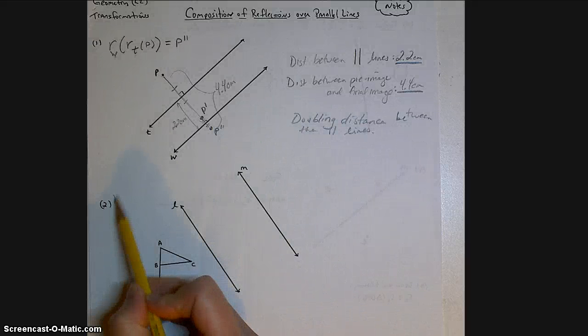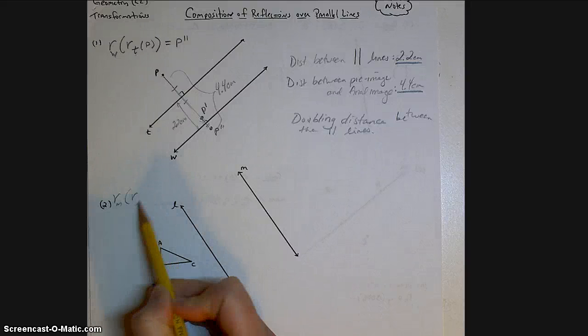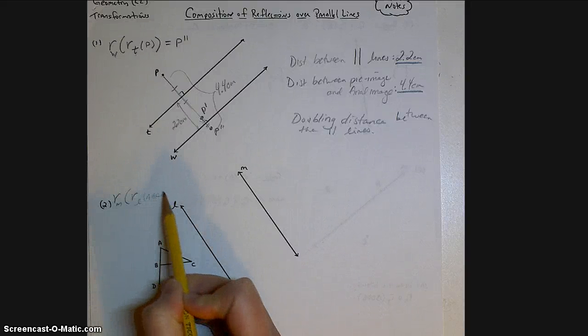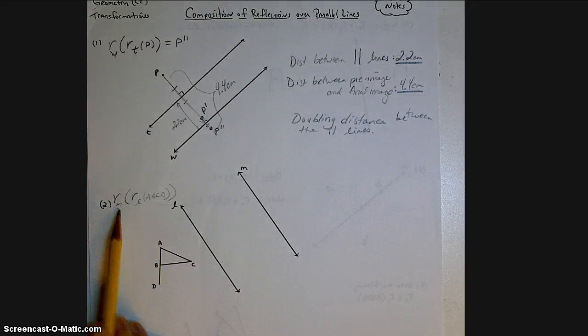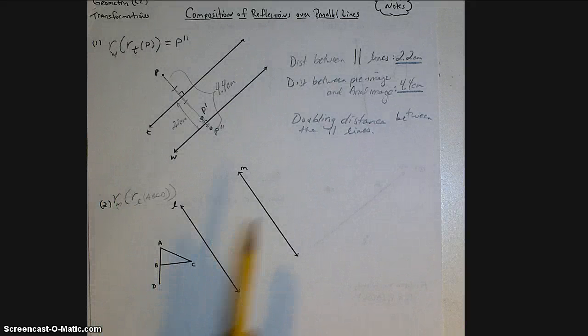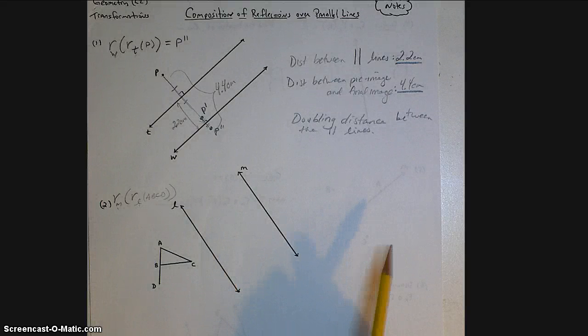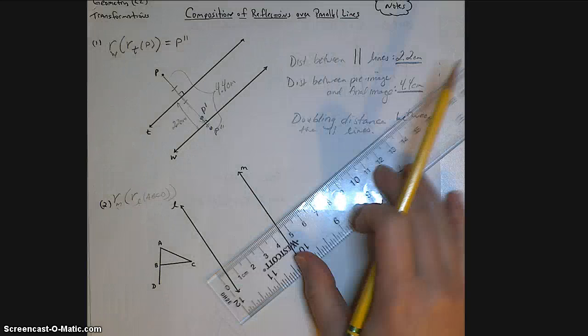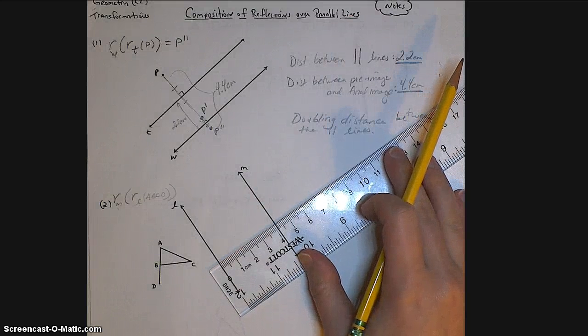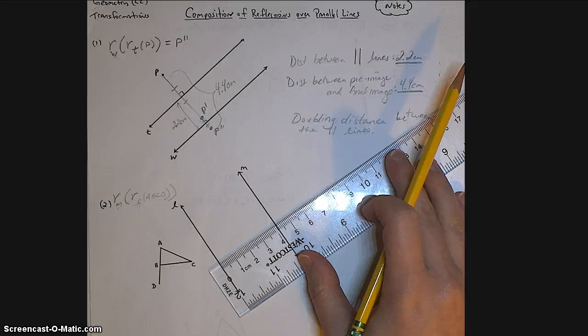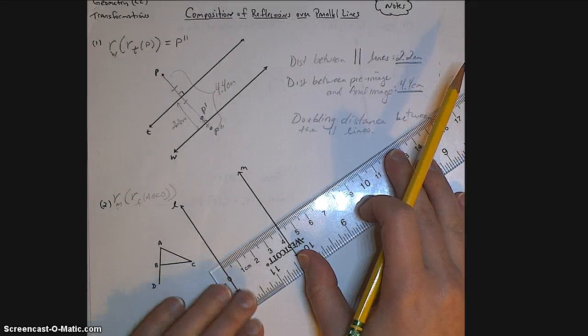So again, let's say I wanted to reflect over the line L and then M. So I would reflect here and reflect here. Instead of actually drawing out the double reflection, I'm just going to measure. So when I measure this, I'm getting 4.1 centimeters.